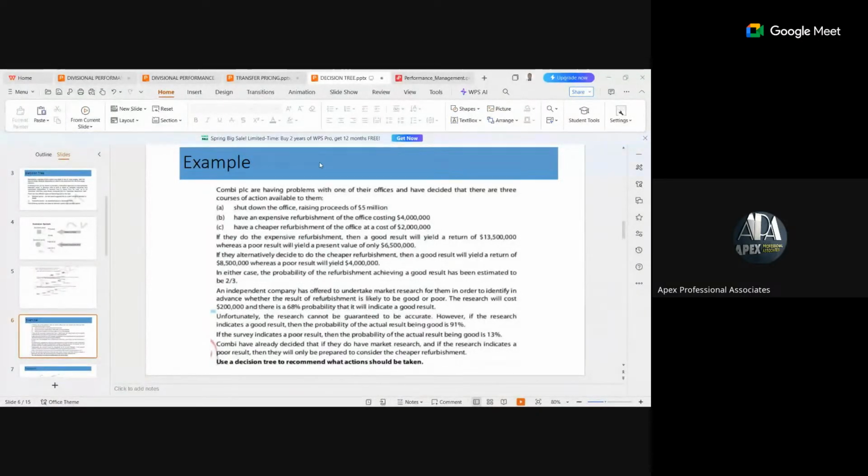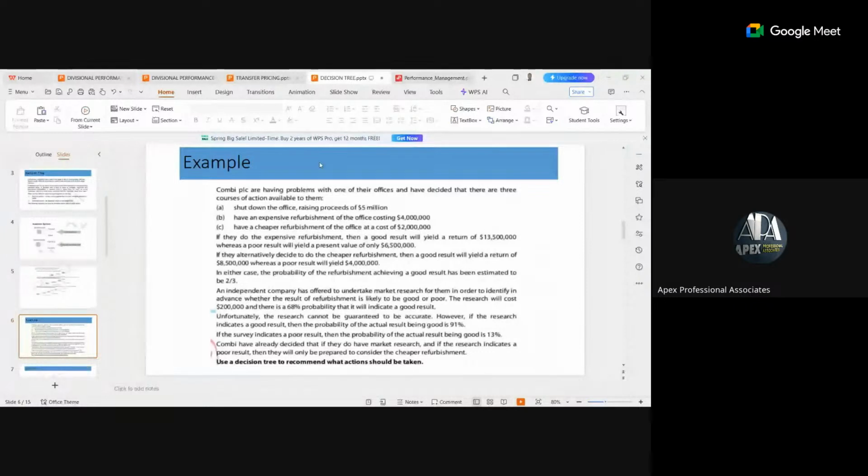Now, the third choice is, if they are to make a refurbishment, they have an option of doing a cheaper one. Still on this decision, an independent company has offered to undertake market research for them. So it means they have to wait to see the outcome of the independent research that will be carried out.